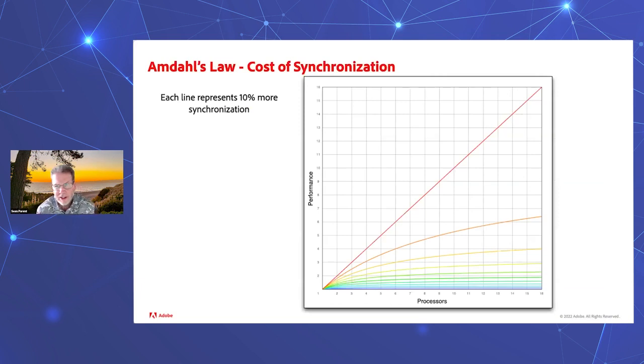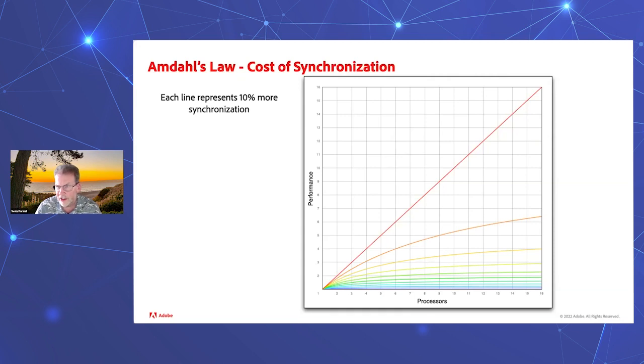Now, the problem gets a little worse if we look at Amdahl's law and what the actual cost of synchronization is. If you look online, you'll typically see Amdahl's law plotted out on a logarithmic scale. And I don't think that's particularly meaningful because we're rarely dealing with devices that have thousands or tens of thousands of cores.